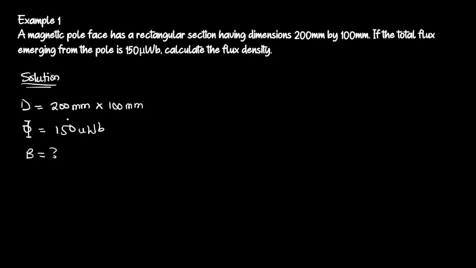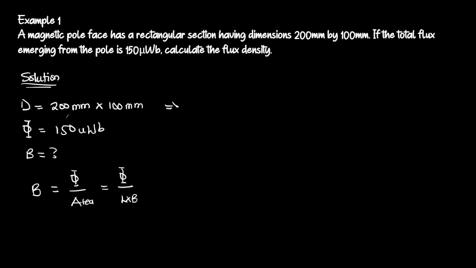But from definition, we know that magnetic flux density B is equal to magnetic flux phi over the area. The area in this case, since it is a rectangular pole, will be length times breadth or width, which has been given to us as the dimensions.